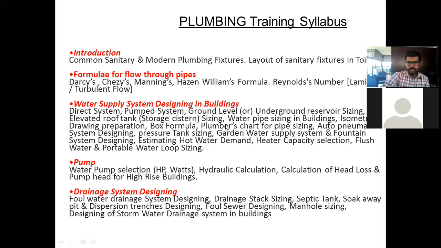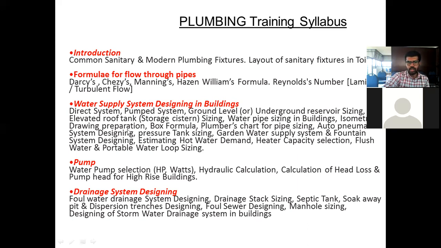Okay. So direct system, pumped system, ground level or underground reservoir sizing or underground tank sizing, elevated roof tank sizing or overhead tank sizing, water pipe sizing in buildings, isometric drawing and preparation. Okay, Morse formula, plumber. These are different formulas for finding out the pipe size.